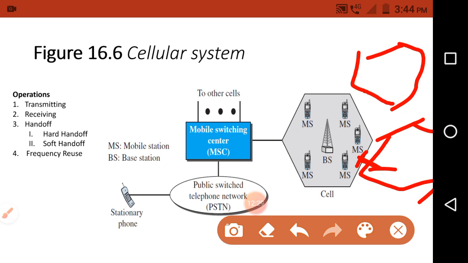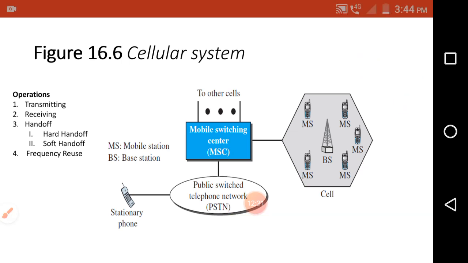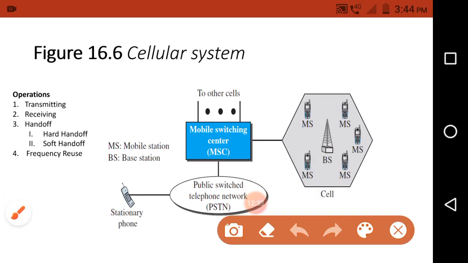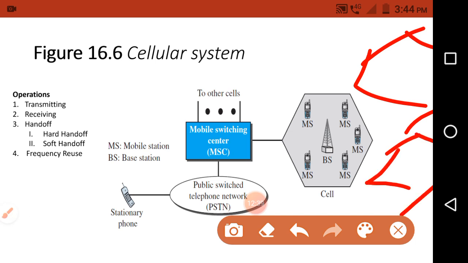For example, there are many cells present, and this is one mobile station. The mobile station has already established the connection with this particular base station in the cell.